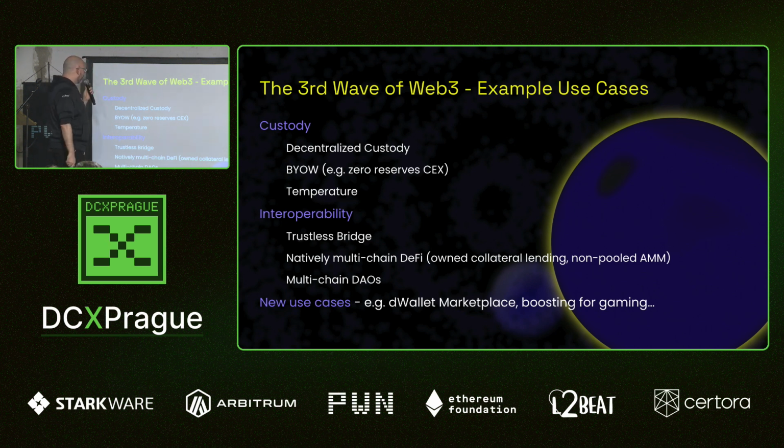So in custody, you can think about decentralized custody, right? Something that you don't really have today, which is big. But you can take it even a step further, and we call it bring your own wallet. So you can think about things that exist today, like centralized exchanges, right? You could build a centralized exchange that has zero reserves. It'll be completely centralized.